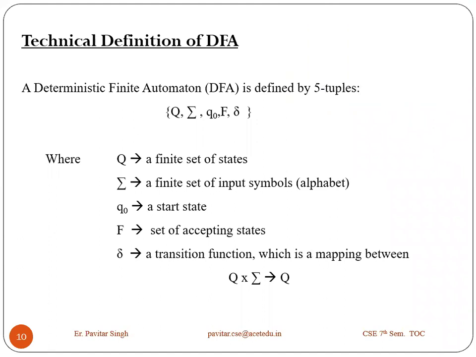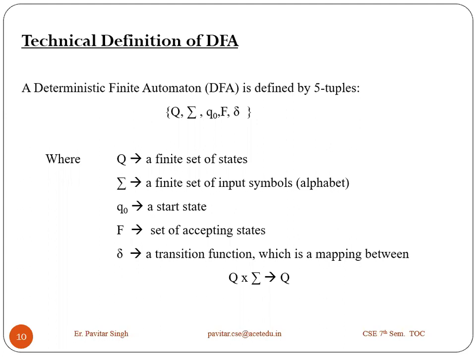In the technical definition of DFA, we have five tuples. The first tuple is called Q. The second is called sigma. The next is called delta. Then we have Q naught and F. These are the five tuples available in DFA, right?